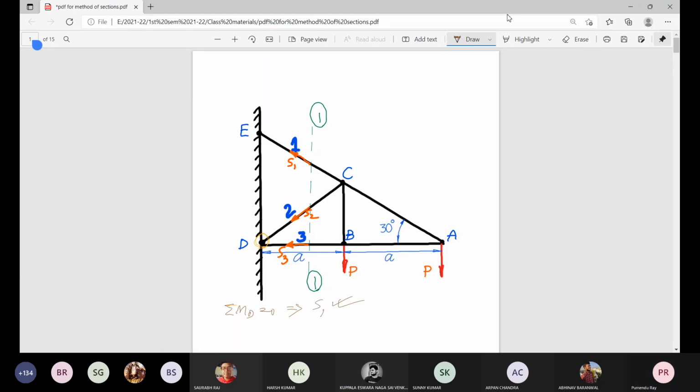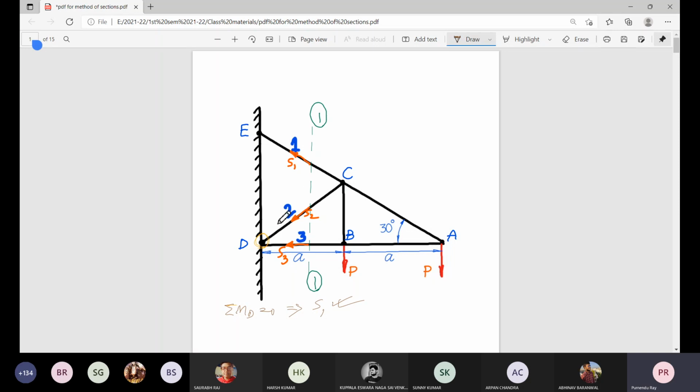Next, for the moment equation about D, we have P multiplied by A clockwise, this P multiplied by twice A clockwise, and S1 multiplied by the perpendicular distance from D to the line CE.